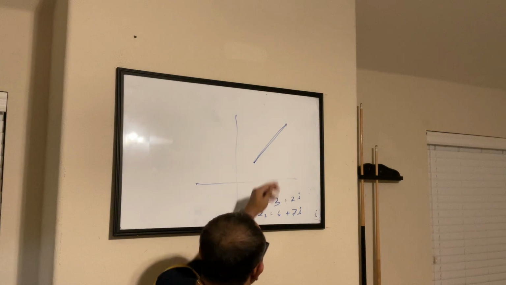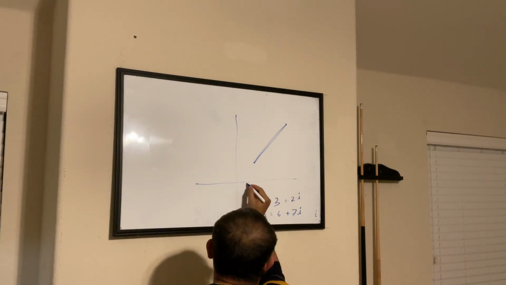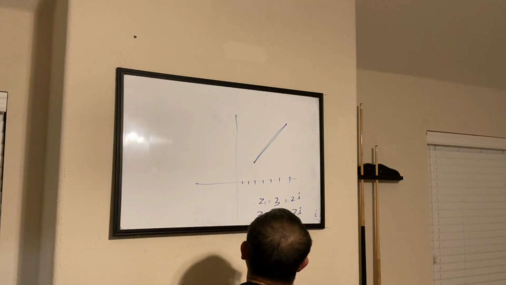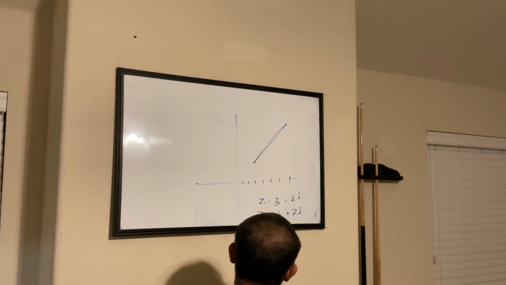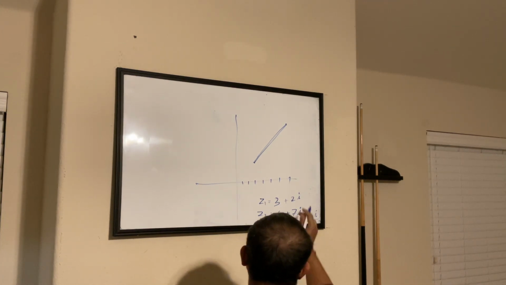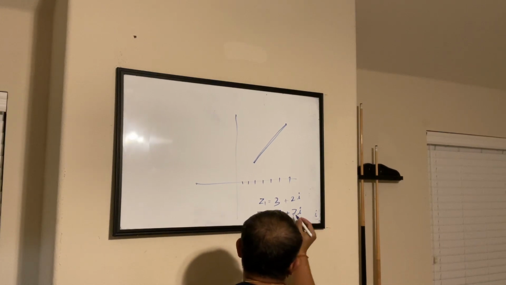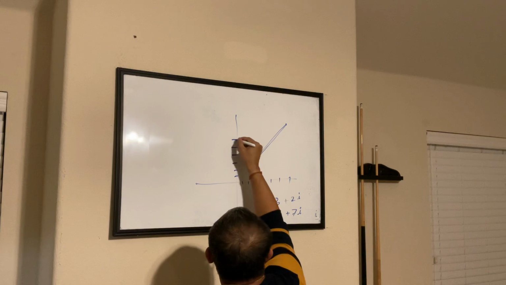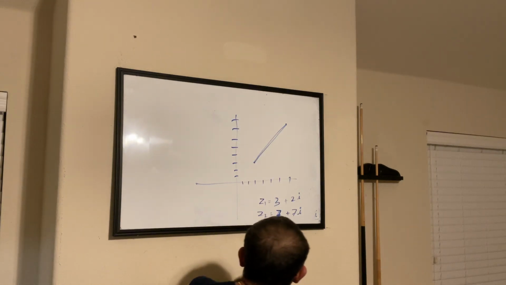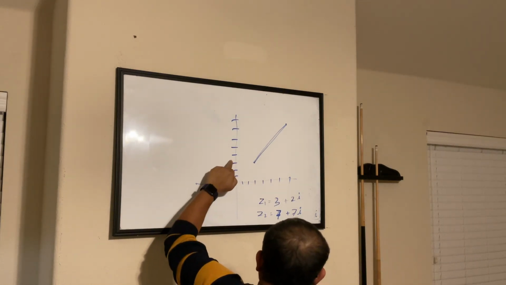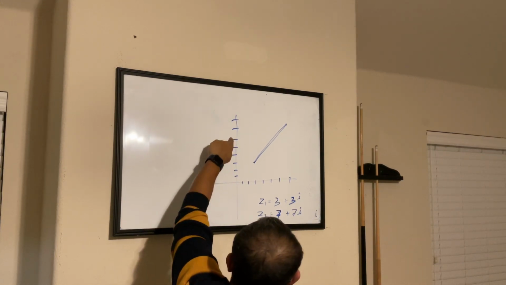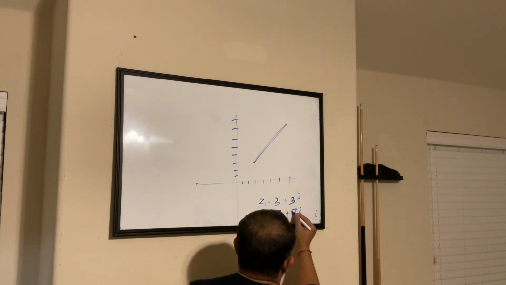So this is 1, 2, 3, 4, 5, 6, 7, and this is 1, 2, 3, 4, 5, 6, 7, 8. So this is 3 plus 3i, and this is 7 plus 8i.